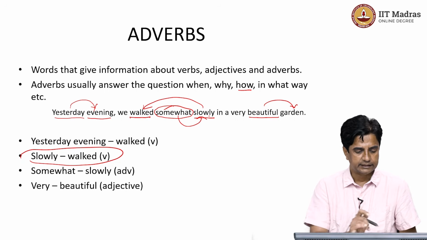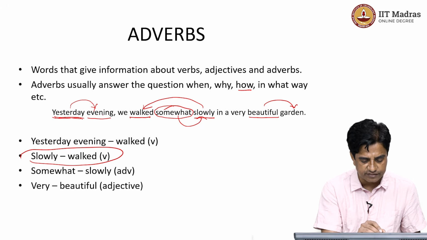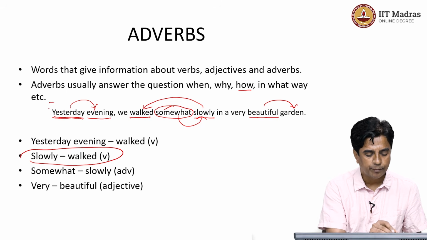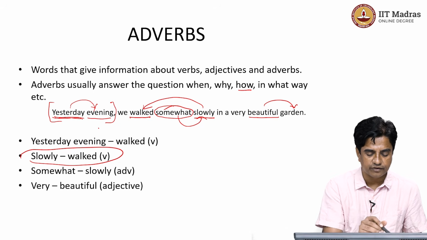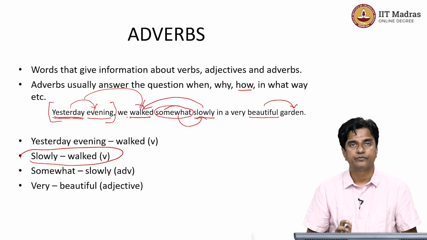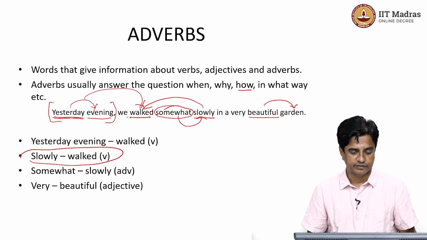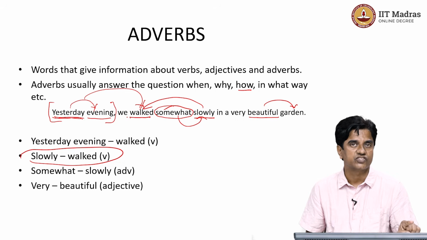Yesterday evening is clearly an adjective modifying a noun, but together this whole phrase is an adverb which is giving you information about walking. When did we walk? Yesterday evening. That answers the question when.